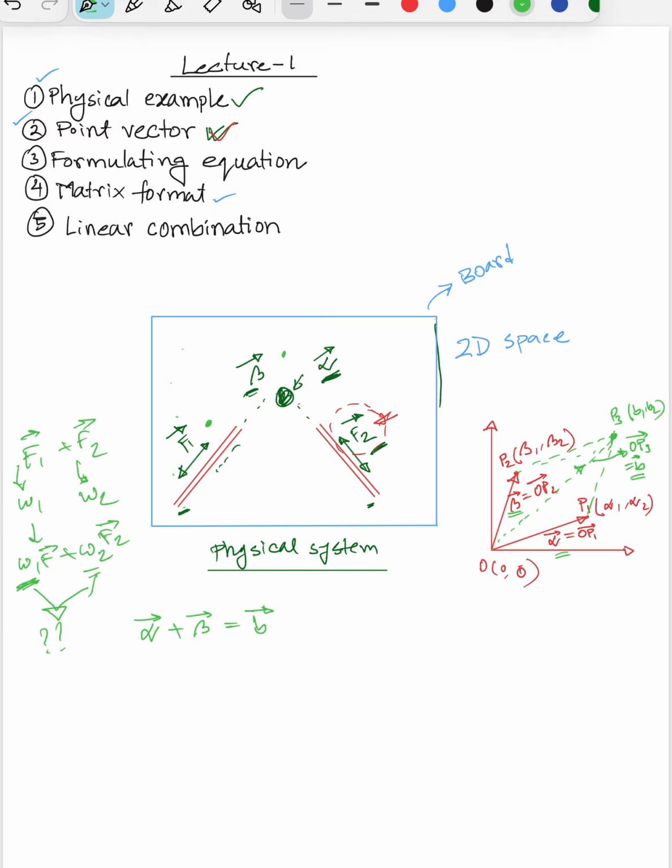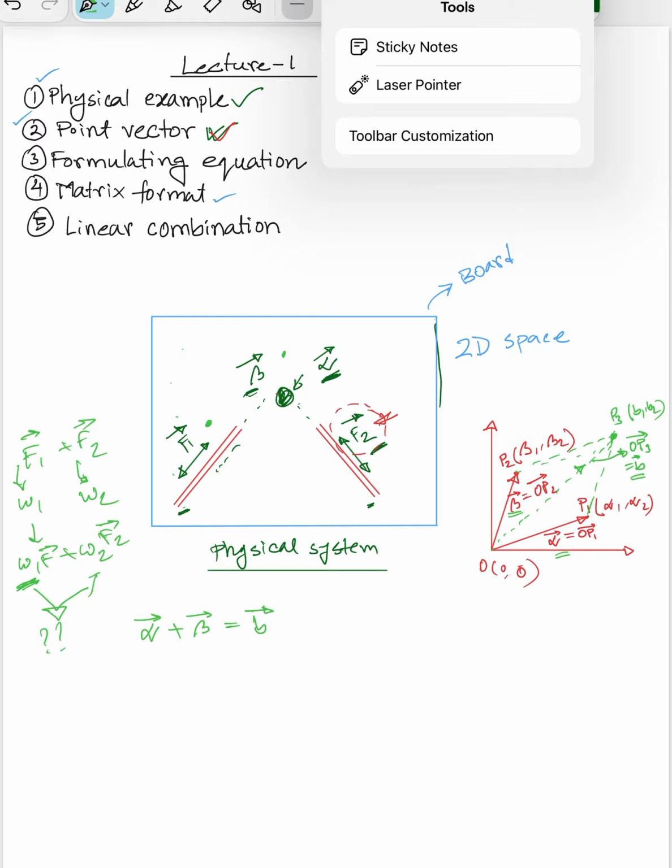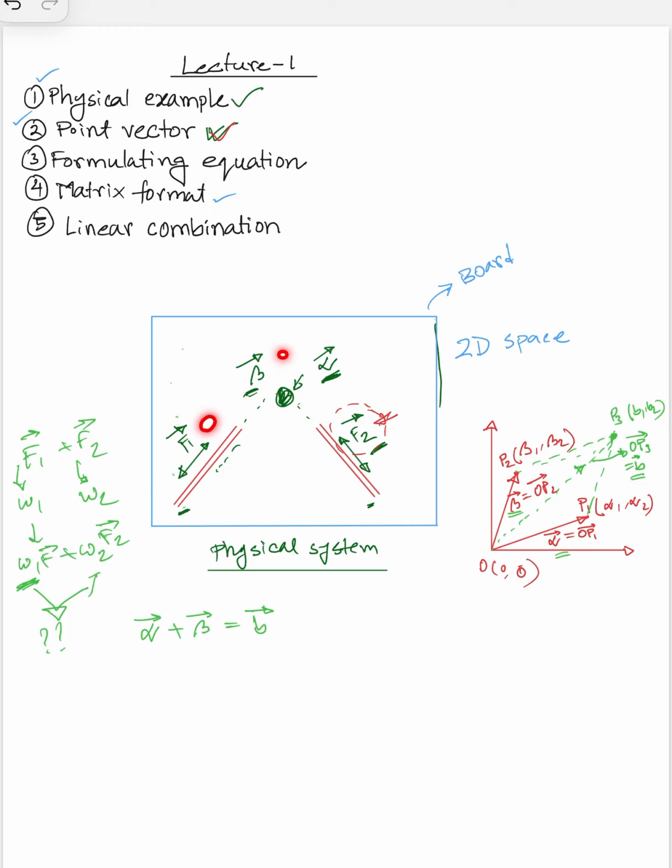This changes depending on the position of the final point. If the position of the final point changes from this one to this one, we need to adjust the force, and at the same time the displacements will also change. So there will be a weight associated with this that is going to change.